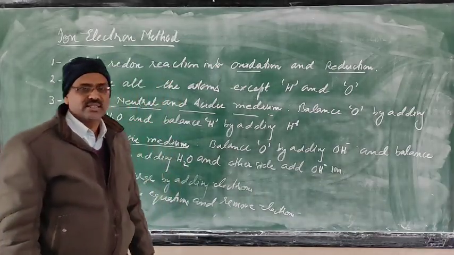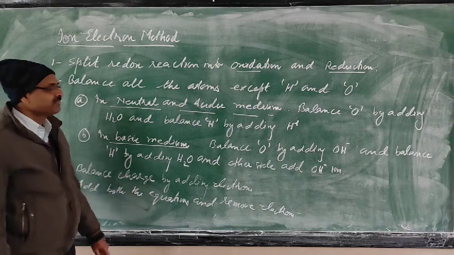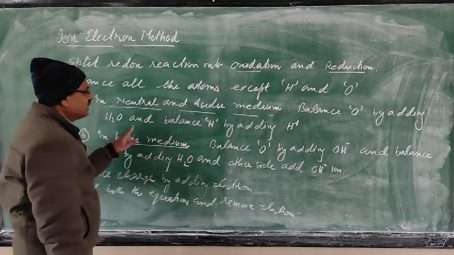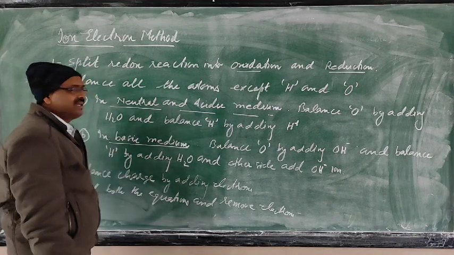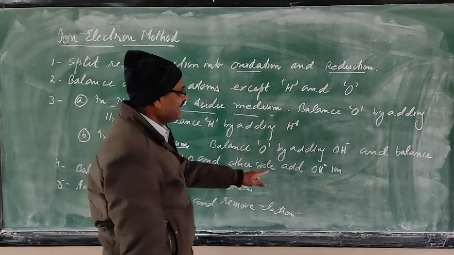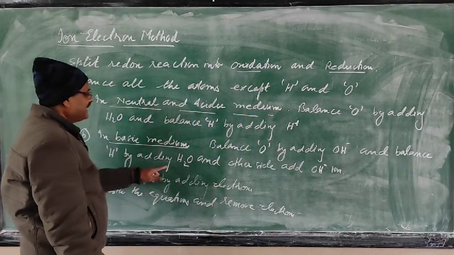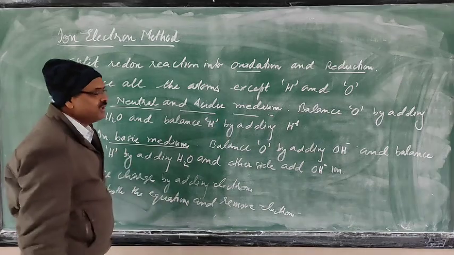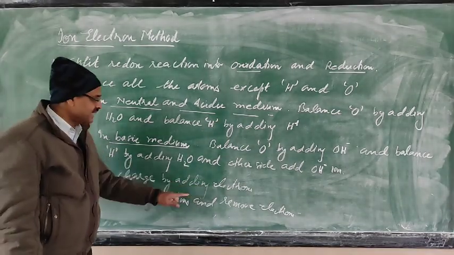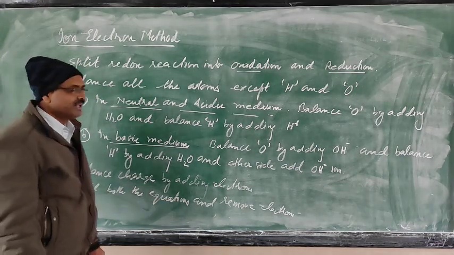Then in neutral or acidic medium, balance oxygen by adding H2O and balance hydrogen by adding H+. In basic medium, balance oxygen by adding hydroxyl ion and balance hydrogen by adding H2O and OH on the other side. Then balance charge by adding electrons, add both the equations at the last and then remove the electrons.